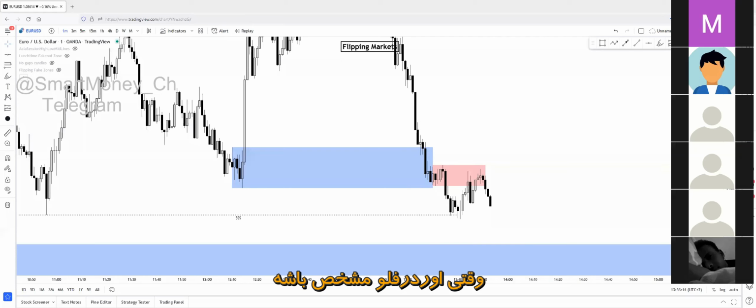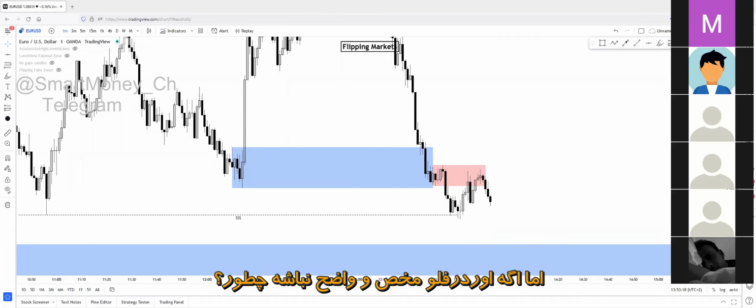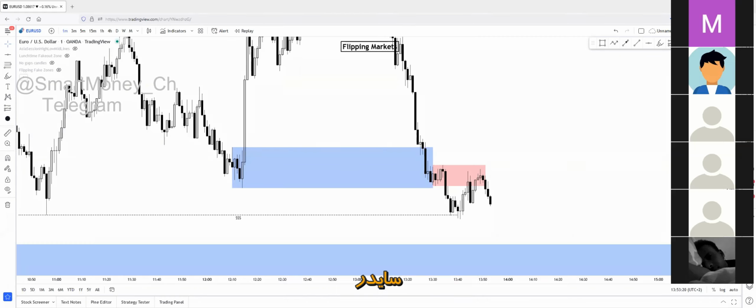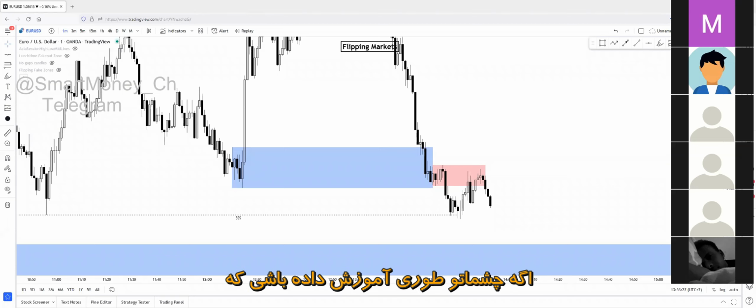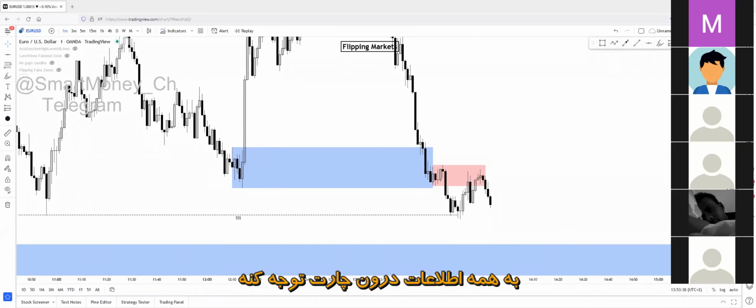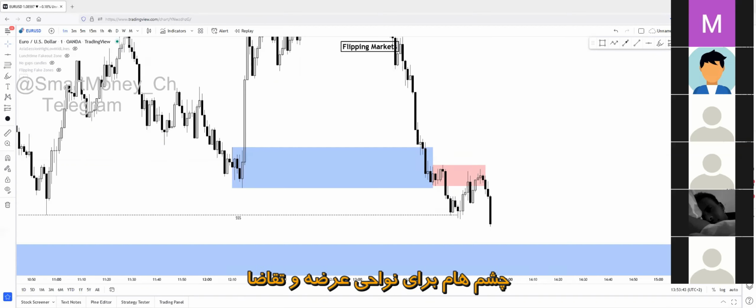You can make a plan for every scenario with order flow, but what about if it's difficult? Basically, if you backtest enough, if you train your eyes on charts enough to notice everything on charts, it won't be hard. It won't be difficult. For me, it's not difficult anymore because I trained my eyes. My eyes are trained for this chart, for the liquidity, for the demand supply zones, for everything.